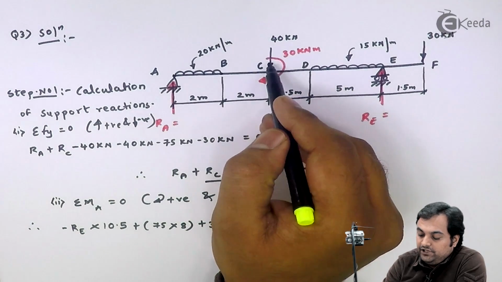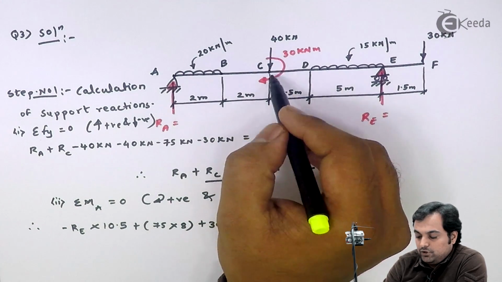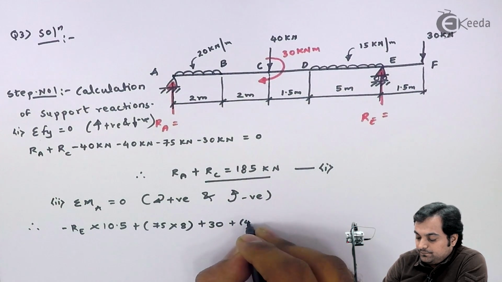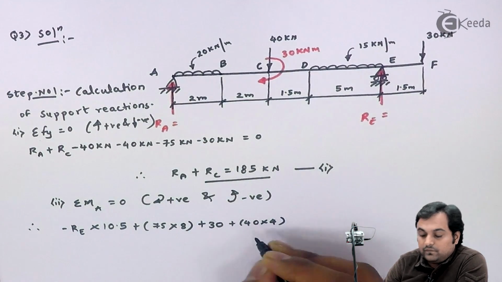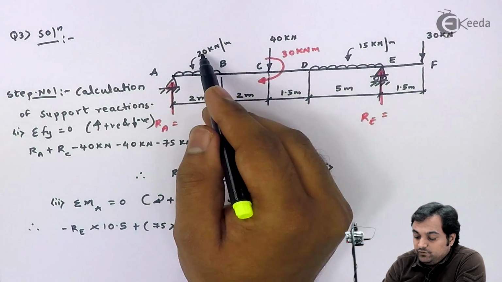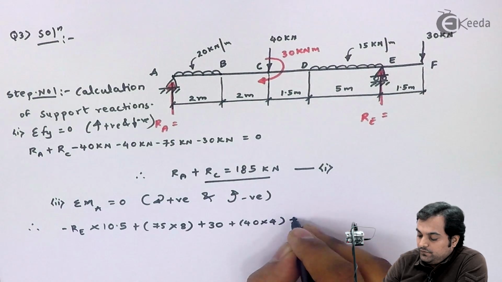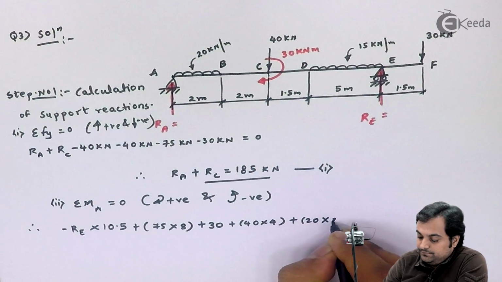Next, 40 kilonewton load will also produce clockwise moment, so 40 into 4. Then I have 20 into 2 acting at half, that is 1, so plus 20 into 2.